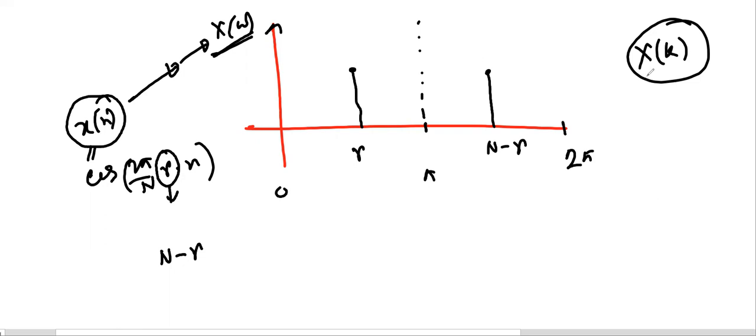Now, if you want to find this xk, let's say, where are the points for the xk? It depends on the value of capital N. In that case, let's say you are plotting those points like this.